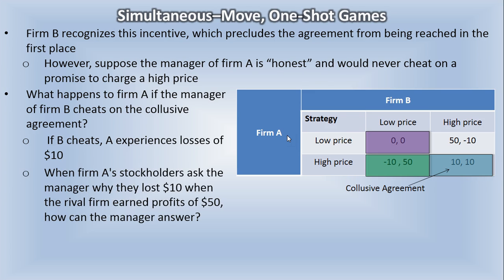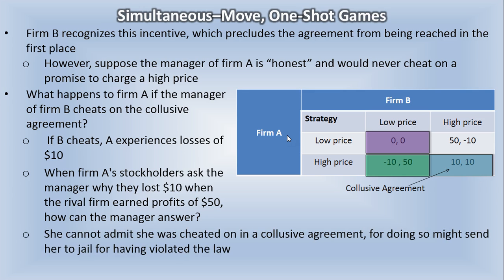When firm A's stockholders ask the manager why they lost $10 when the rival firm earned 50, the manager won't have any way to answer. They'll basically say, well, I made a mistake, and now I should go to prison. She cannot admit that she was cheated on in a collusive agreement, for doing so might send her to jail for having violated the law. So again, it's a complicated situation.